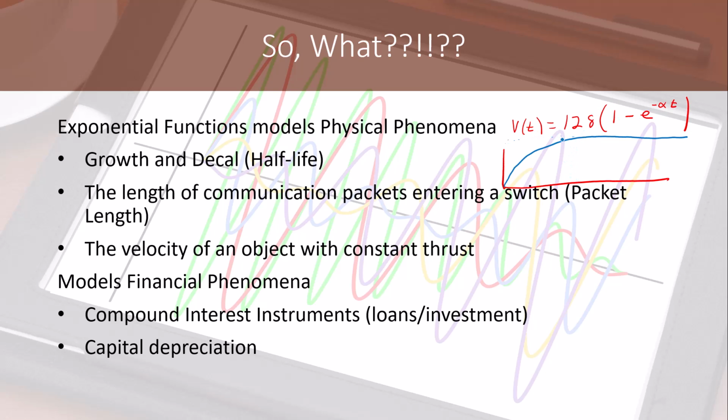And that's what that equation would look like. And as I mentioned before, they're used to model not just capital depreciation, but also compound interest instruments, which you will learn in gory detail in our next chapter.